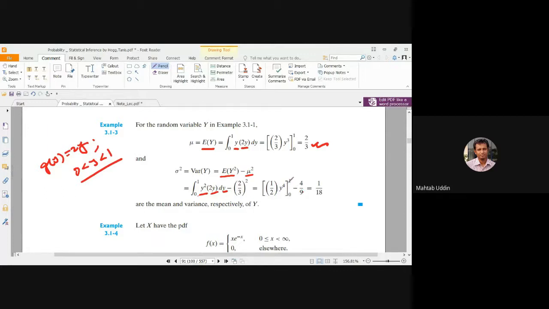Put the limit 1, you will get half. Half minus 4 by 9 is 1 by 18. You understand? Yes, sir. So this formula for mean and variance is also valid here, but in case of continuous, we have to use the integration. Nothing different. Okay. Yes, sir.